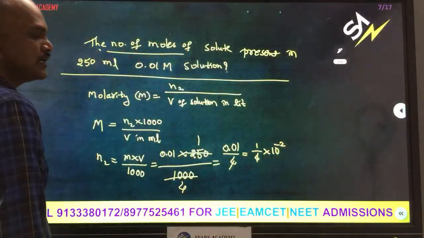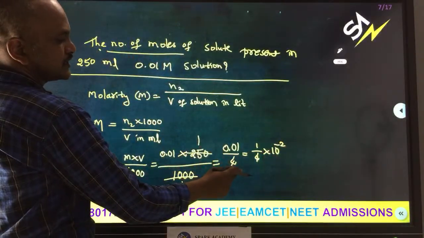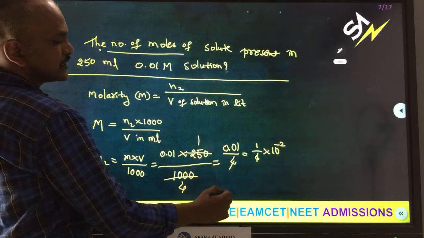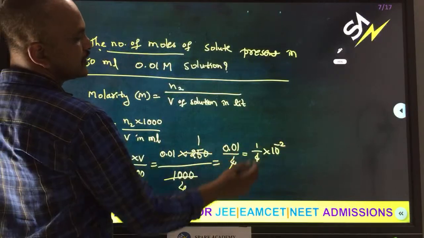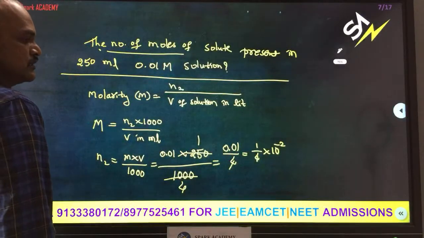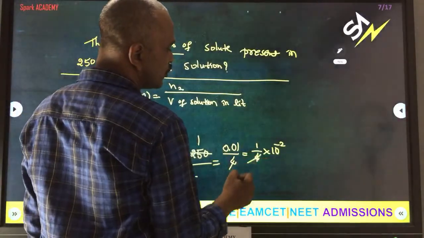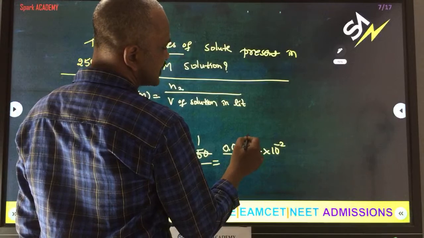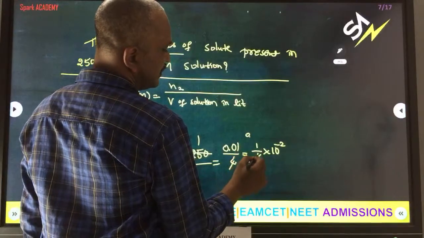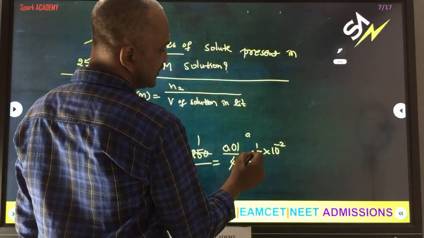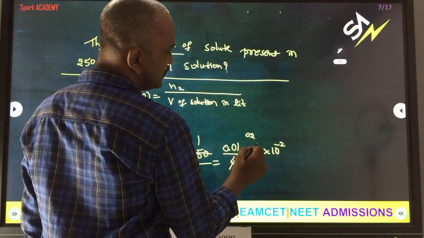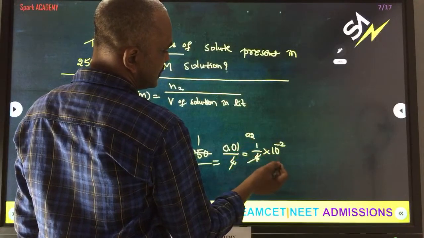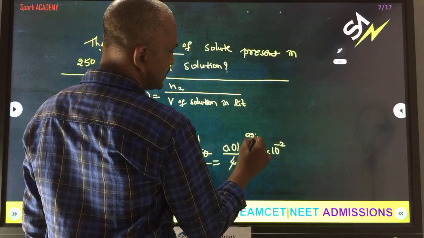The 10 squared comes from removing this, which becomes minus when written here. Next, the value of 1 by 4 is 0.25.